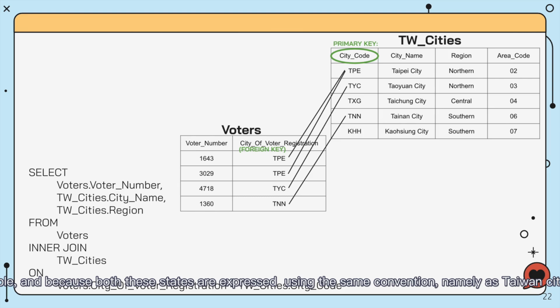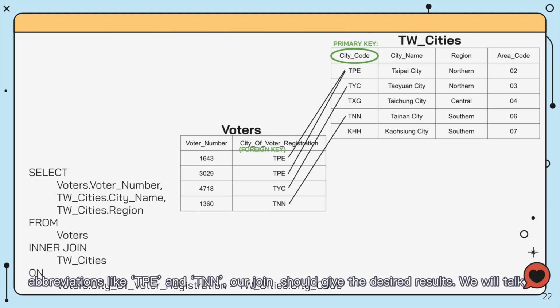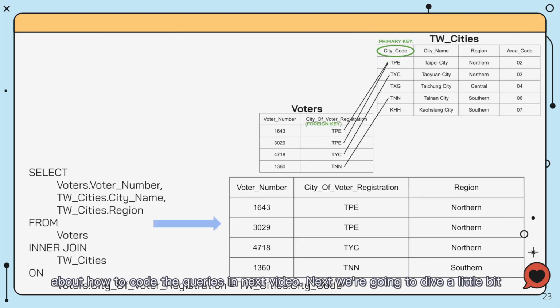And because both of these cities are expressed using the same convention, namely as Taiwan city abbreviations like TPE and TNN, our join should give the desired results. We will talk about how to code the queries in the next video.